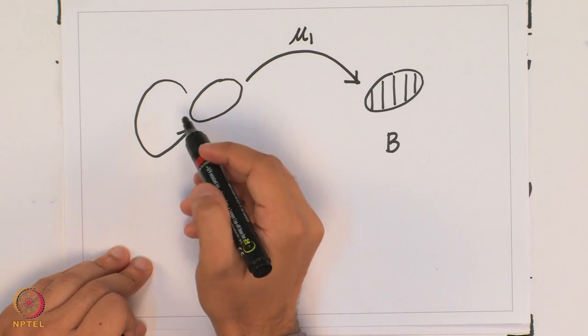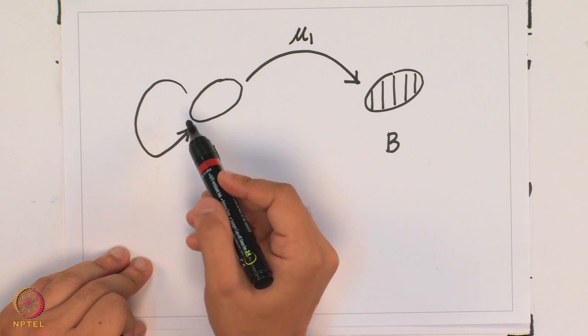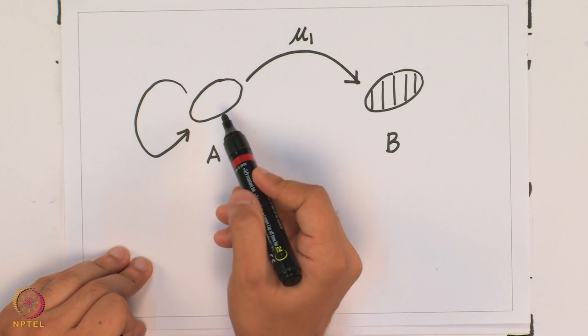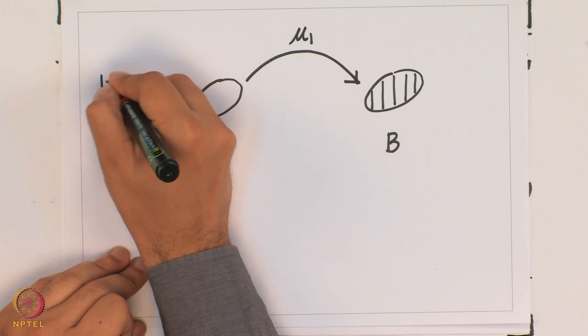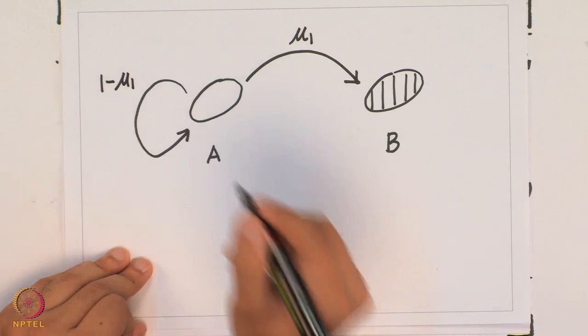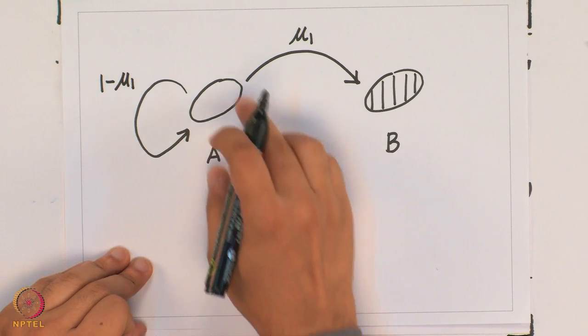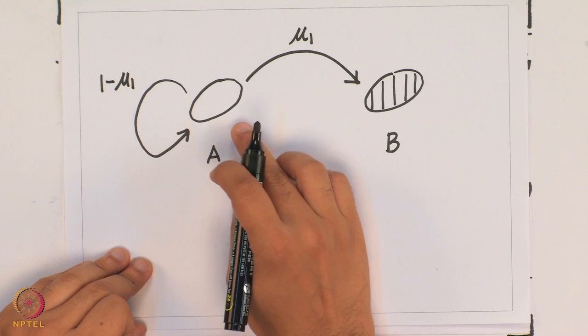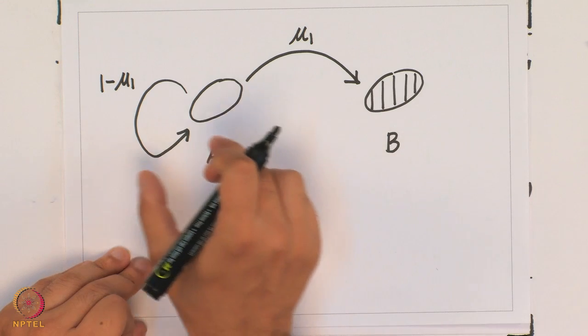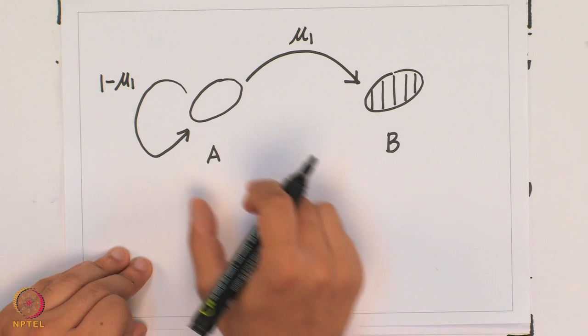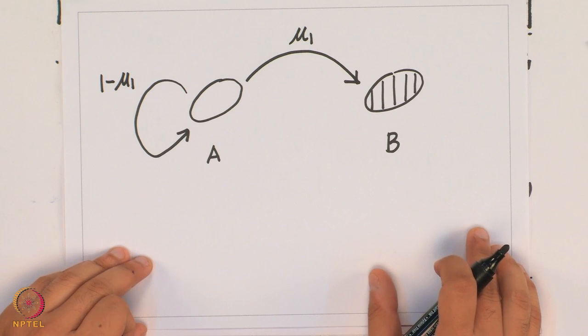That means the probability that division of genotype A leads to progeny of another genotype A is 1 minus mu1. Right? So, with one division event happening, there is a mu1 chance that the progeny is of genotype B, and there is a 1 minus mu1 chance that the progeny is of genotype A.